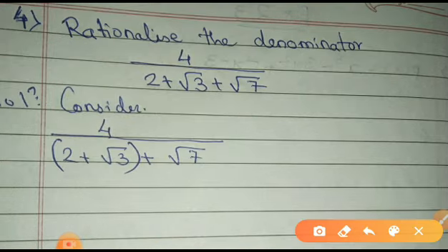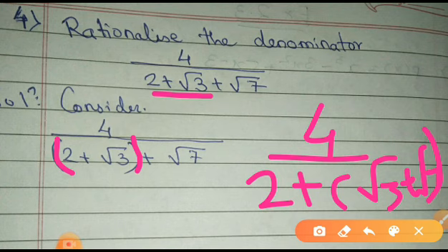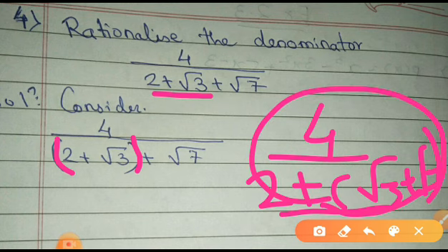I have considered your given thing 4 by 2 plus root 3 plus root 7. First two numbers or first two terms you should take in a bracket, first two. Either you can write it as 4 by 2 plus root 3 plus root 7, this is also the other method, but don't prefer this because there is a chance to make a mistake while rationalizing.